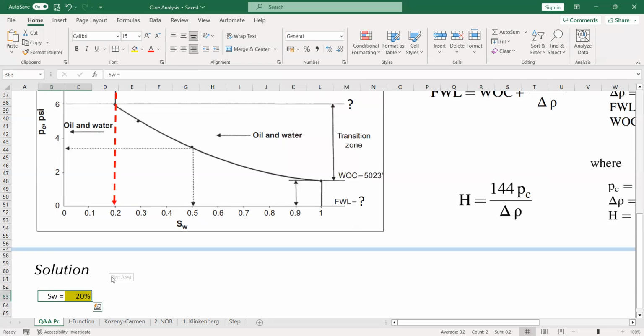All right, so this is the answer. So we have the first thing, the water saturation or the connate water saturation, SWC, is 20%.